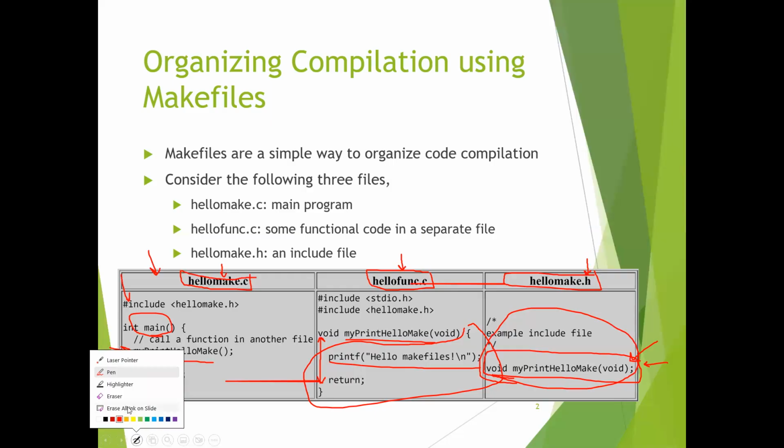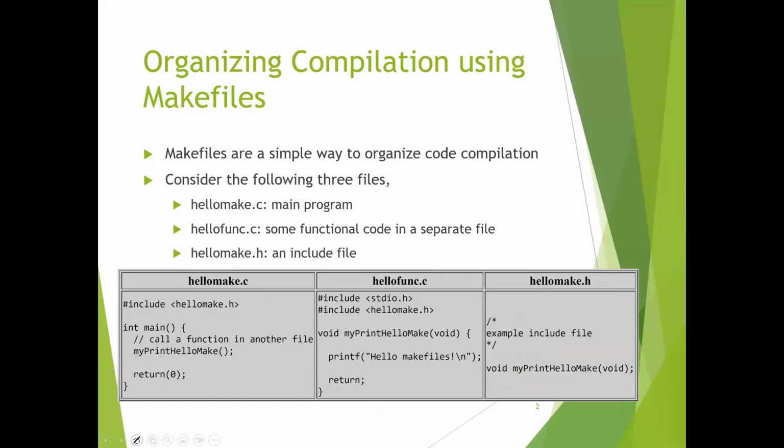Let me erase all the annotations. I'll show you one more example to clarify things further. But as you see, I'm including hello-make.h on top of hello-make.c, which basically adds a declaration of myPrintHelloMake at the beginning of hello-make.c, and this way this function is now defined and declared in the eyes of compiler GCC.